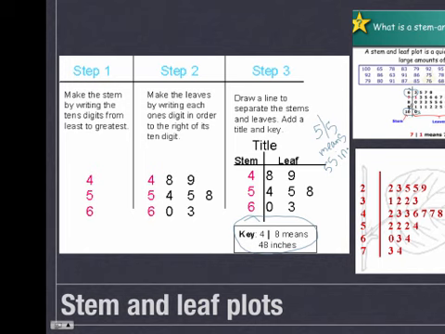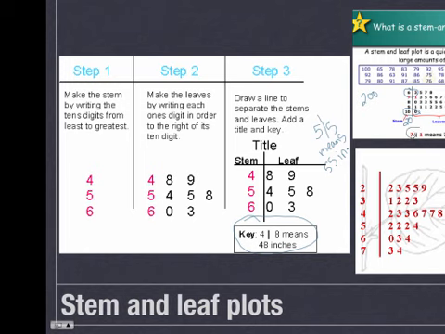Tens place, you're going to put a 1 and a 0. If you had a score of, say, 200, you would put a 2 and a 0 here to represent your tens place. Typically, though, stem and leaf plots are used for scores or for data that are 100 and less. So this is not something that you frequently see.